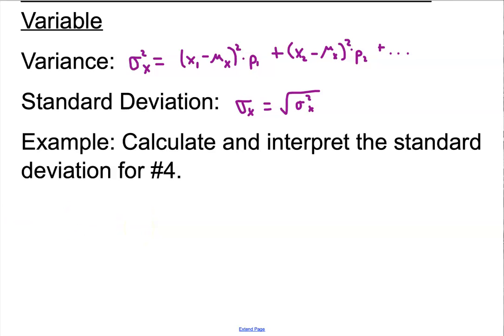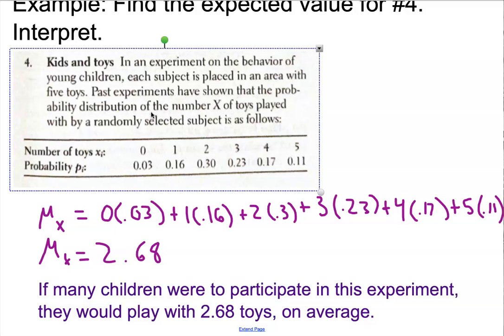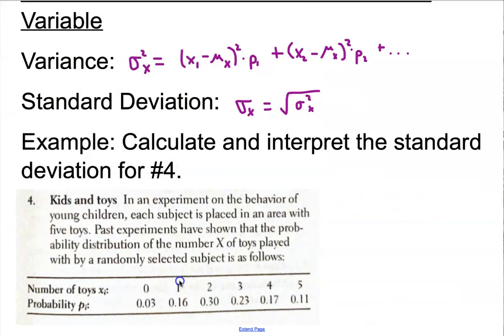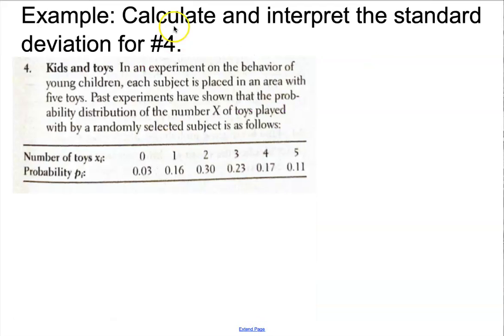Okay, so we're again going to use this toy example. I'm just going to steal it and bring it over here so we can see the values. I'm going to need to know the individual observations: 0, 1, 2, 3, 4, 5. I've got the probabilities, and I need to remember that mu sub x was 2.68. Okay, so let's set this up.